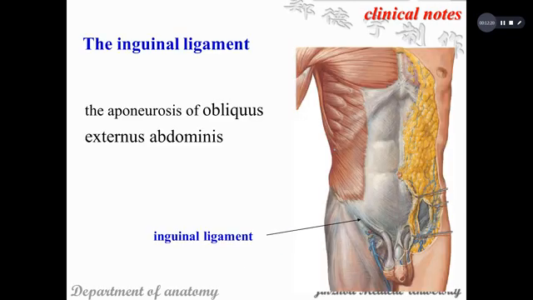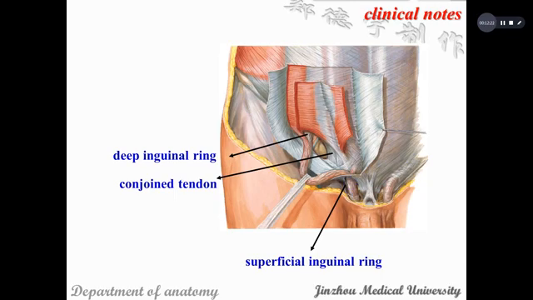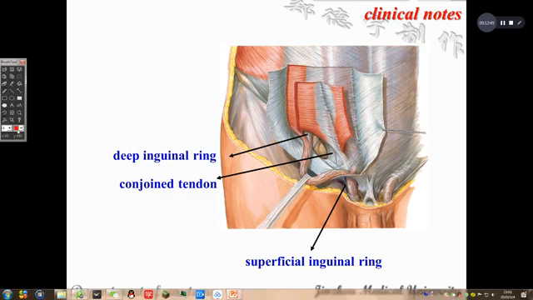And then the inguinal canal. This structure is formed by the external oblique, with the superficial ring, and this one is the conjoined tendon.